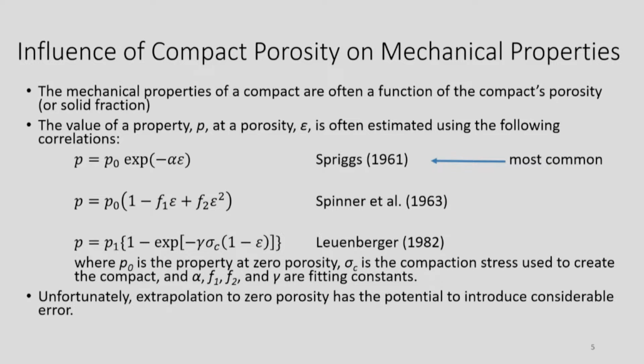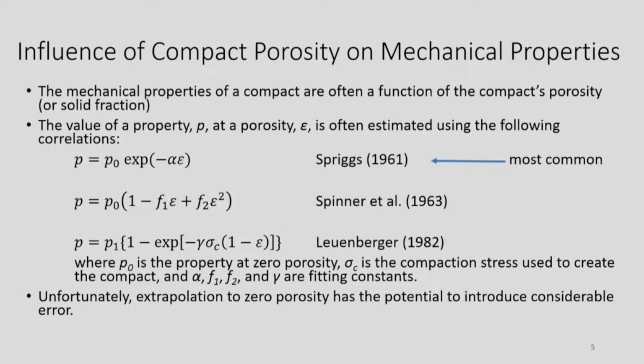It could be bulk density, tap density, etc. It can be related using an exponential relationship, where alpha is the fitting constant, and F1, F2 are constants that we can derive from the relationship between void space and the change in property value.